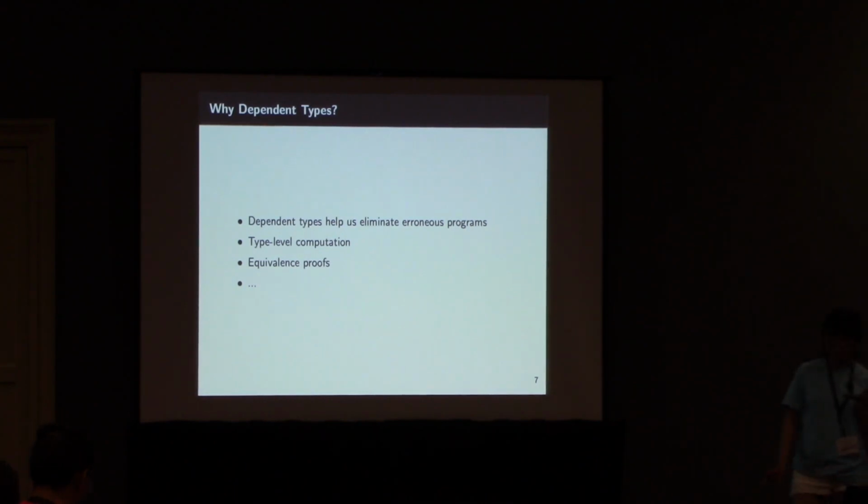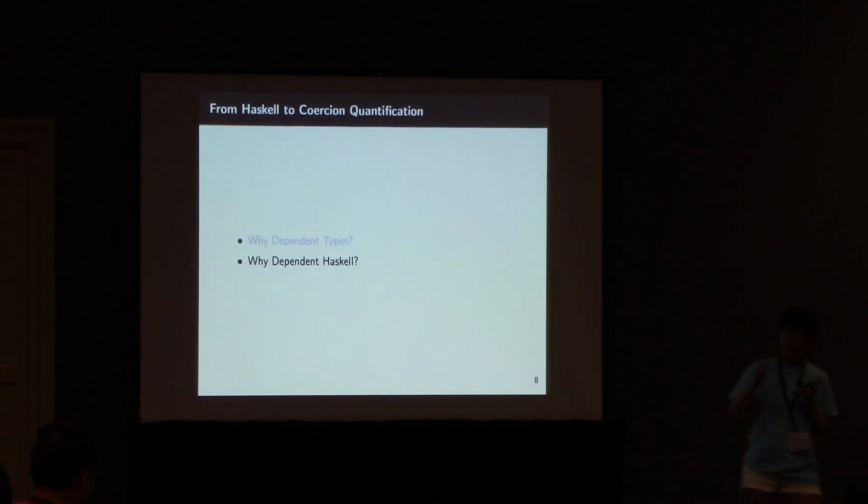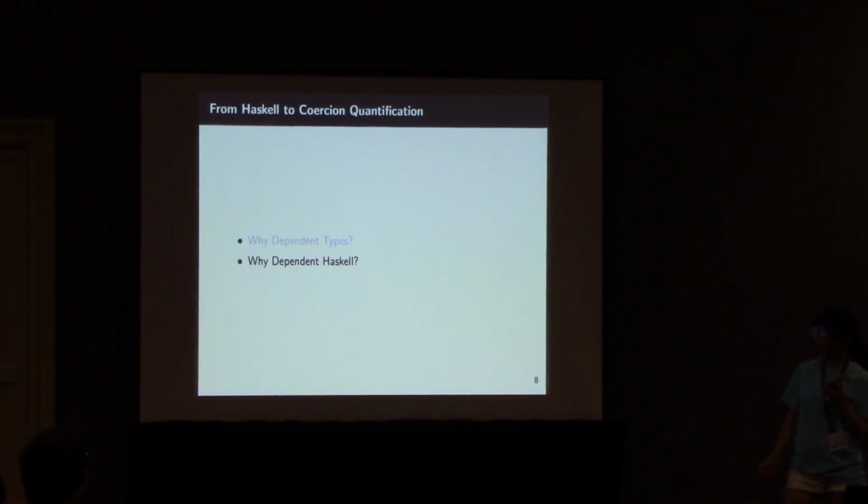And what I haven't shown in the example is that sometimes we also use dependent types to carry equivalence proofs and so on. But even if you are convinced by me that dependent types are useful, why do we want dependent Haskell, given that we are already able to write the data type vector and the functions vec_head and append?